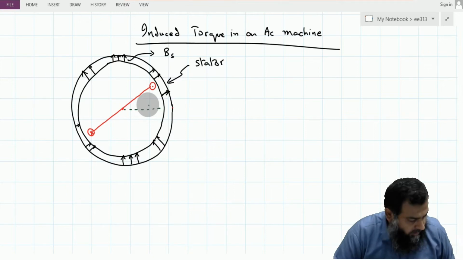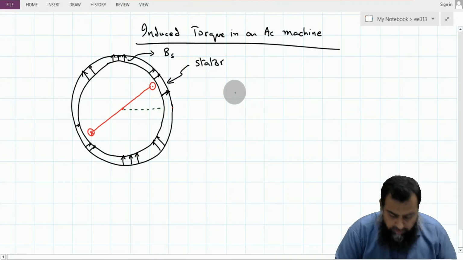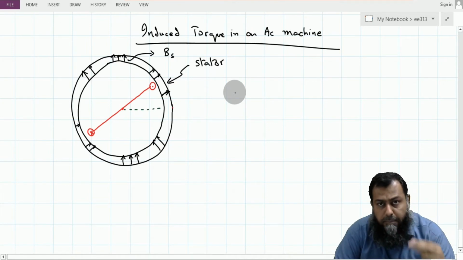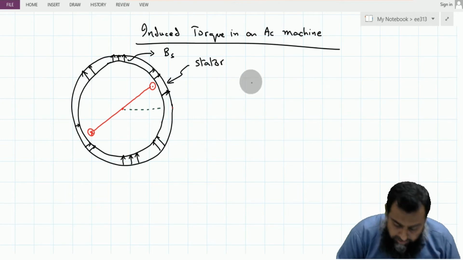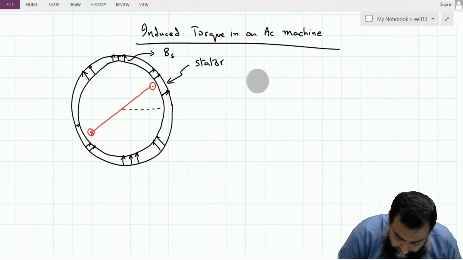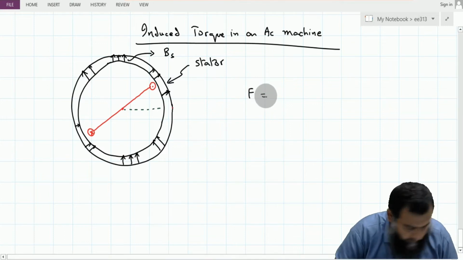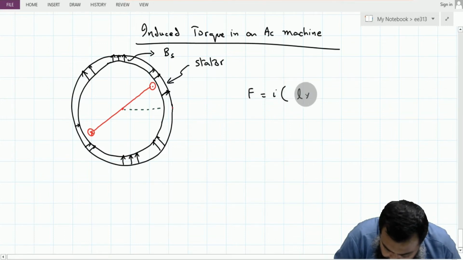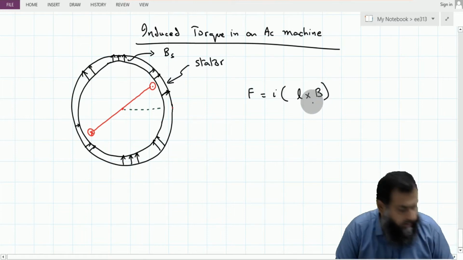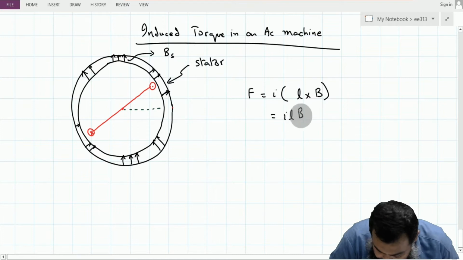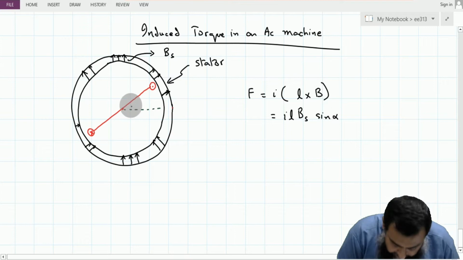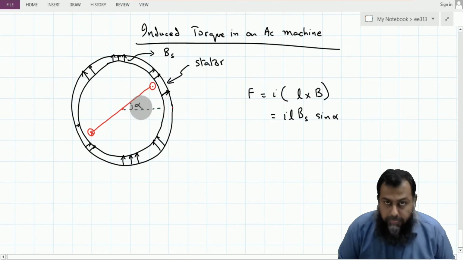So for that, we do know that because these conductors are placed inside a rotating magnetic field, there will be a force which will act on these two conductors, that is given as F is equal to I L B, which is equal to I L BS sine alpha, where this is the alpha.